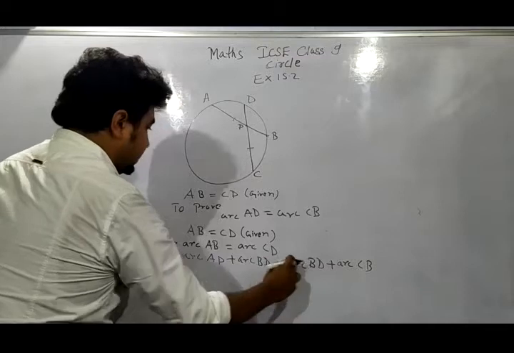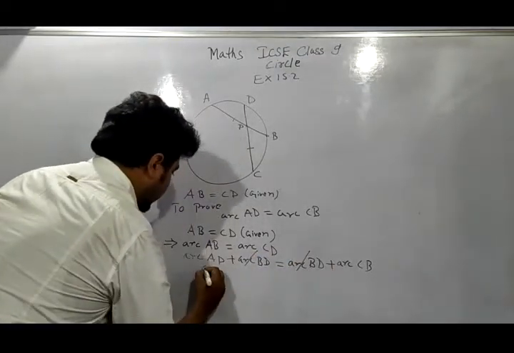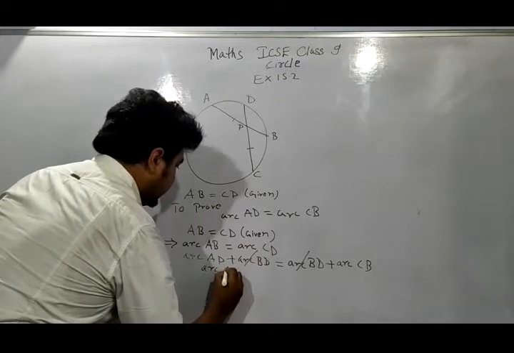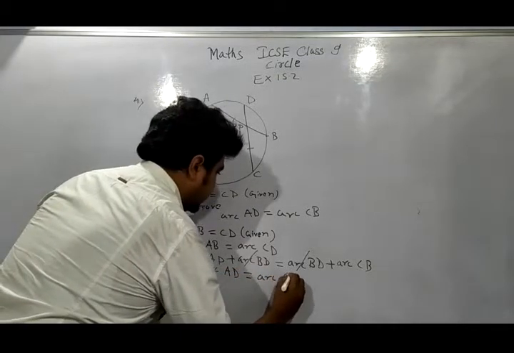As it is on both sides, we can cancel this part with this part. So from here we get arc AD is equal to arc CB.